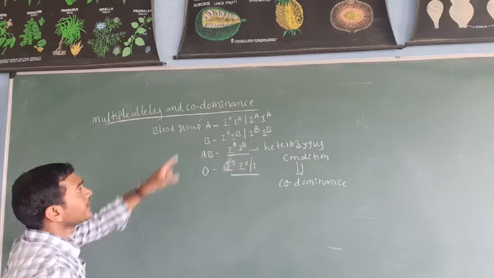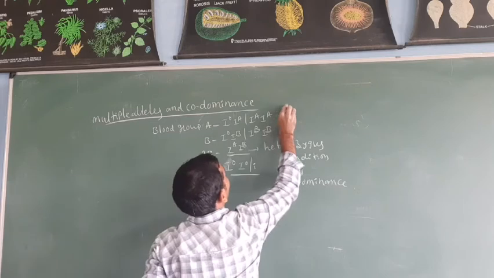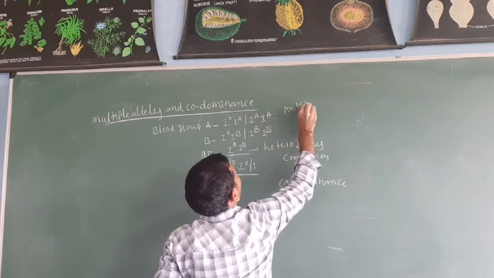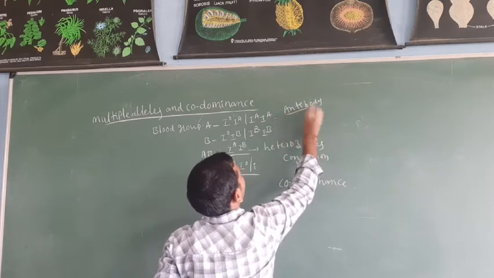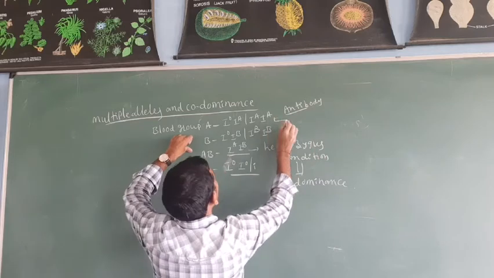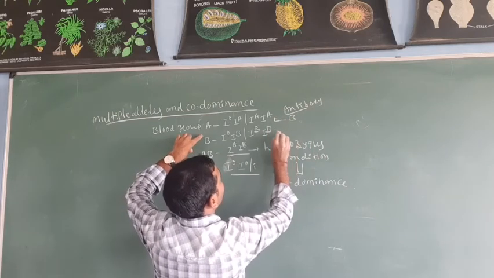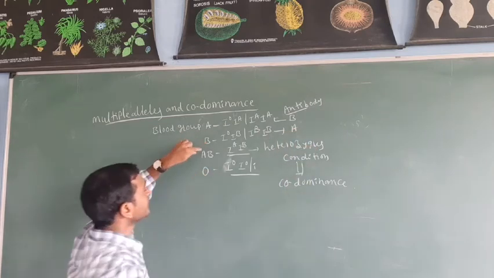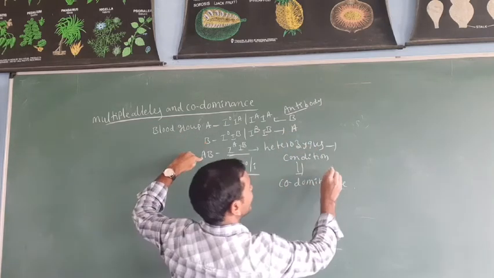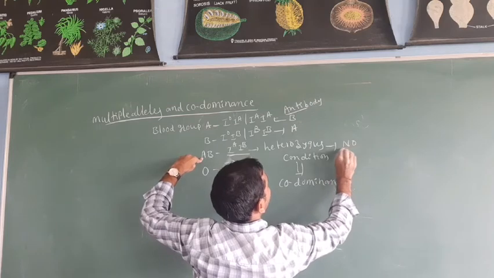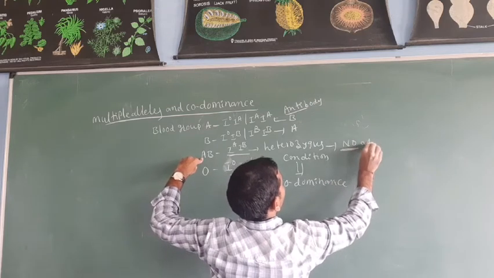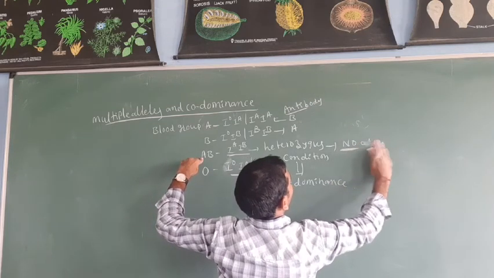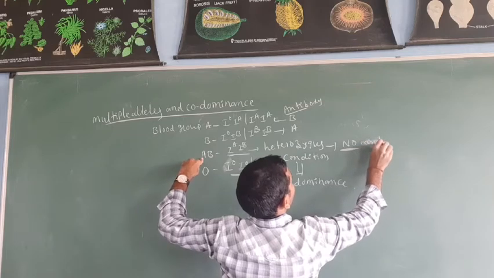Now take the antibodies. The antibody of A blood group is B. The antibody of B blood group is A. AB blood group has no antibodies.